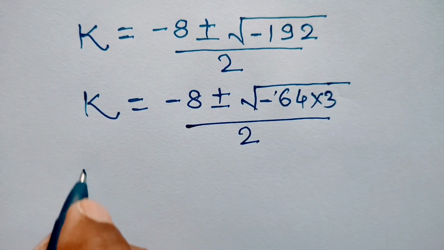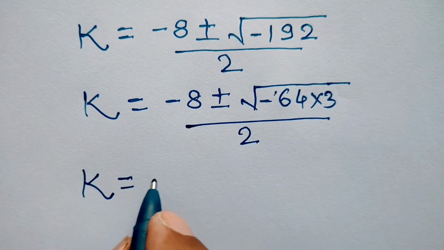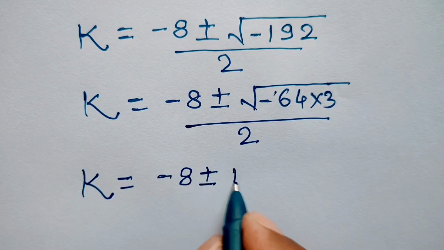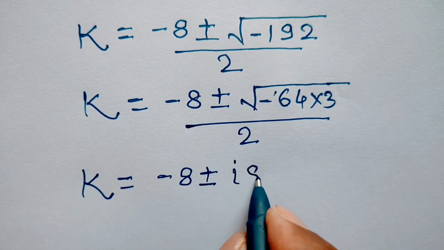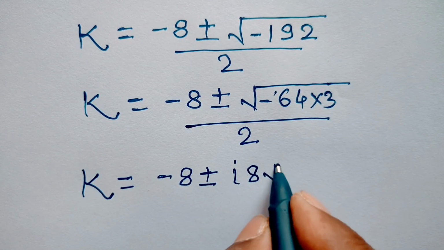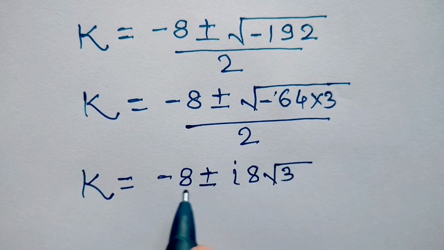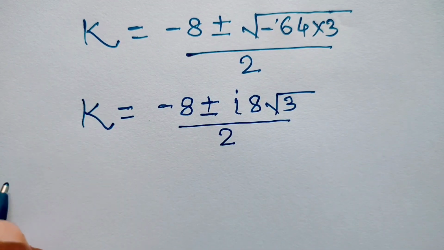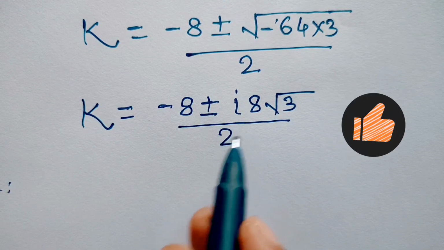This is equal to minus 8 plus or minus i into 8 times square root of 3, divided by 2. Hence, this gives two values.